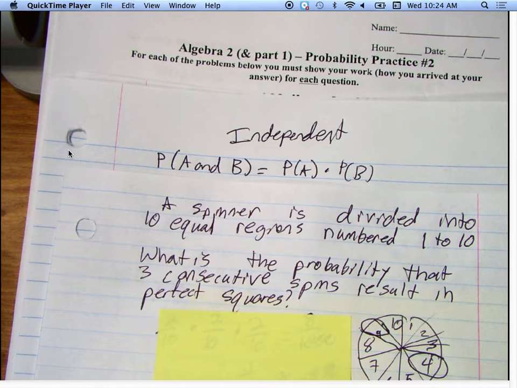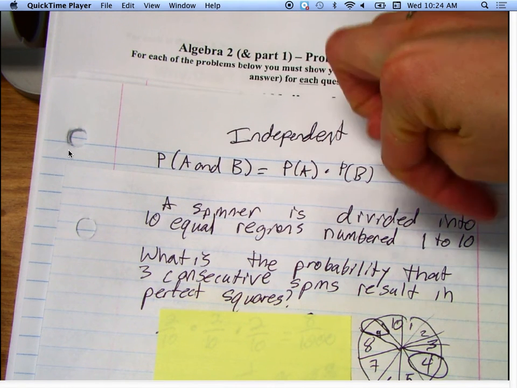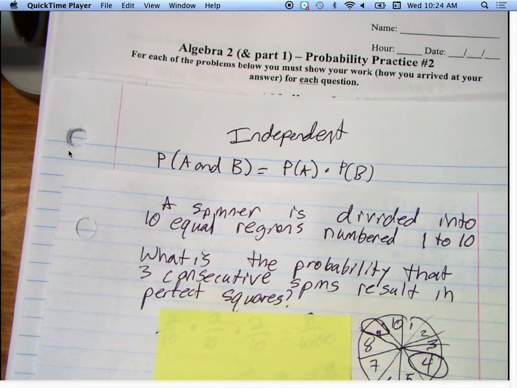Regions numbered 1 to 10. That word is region.